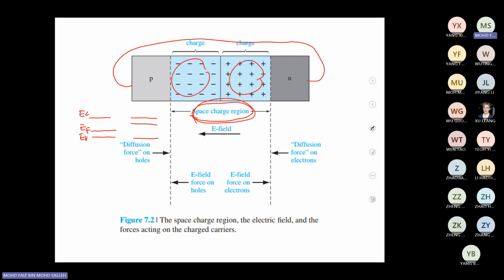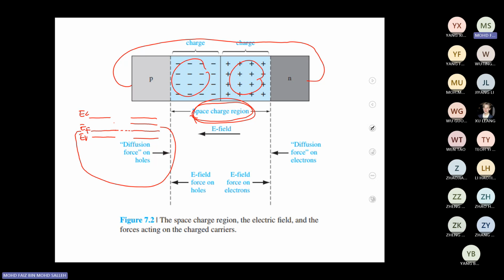So when you connect it electrically, what will happen is, due to the diffusion process, the electrons will go towards the P-type and the holes will go to the N-type, and it will become equilibrium. The EF will be the same.